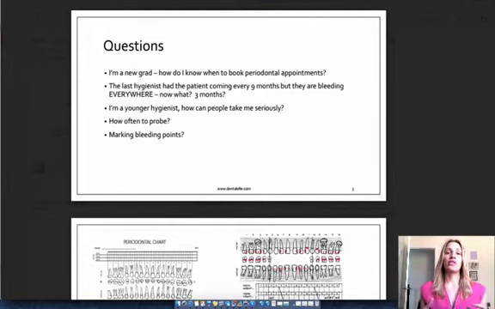But if I have a patient that has 6 millimeter pockets, I'm going to make sure to probe every single year so that I can keep an eye on things to see if things are getting better or getting worse. So it depends on the patient. And another good rule of thumb is to look in their past probing charts and see how often they have been doing it in the past and then go from there.